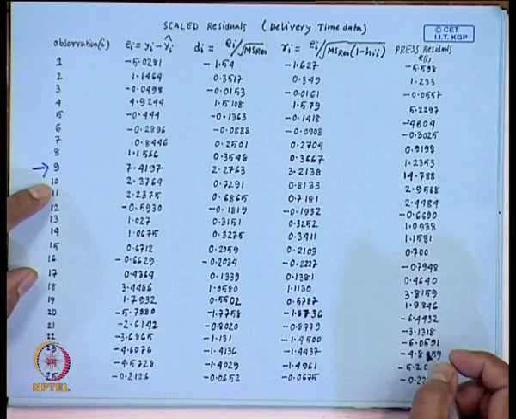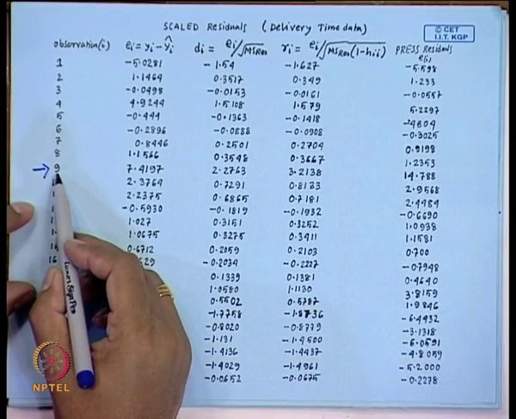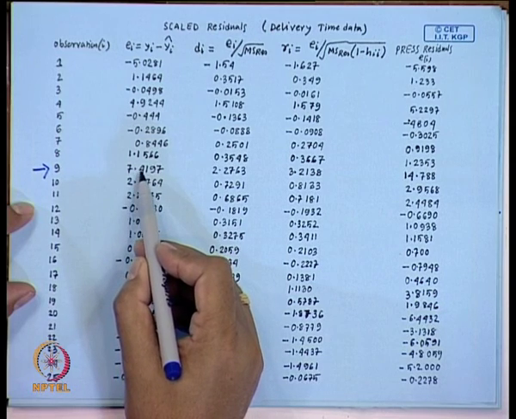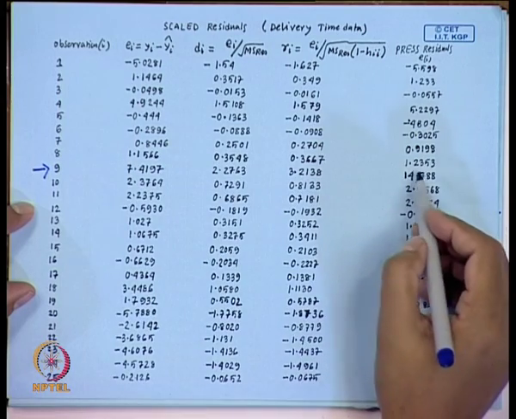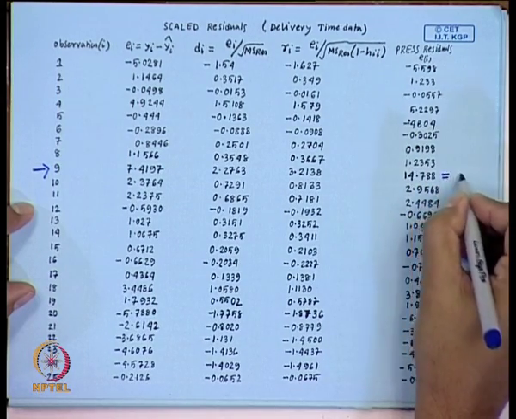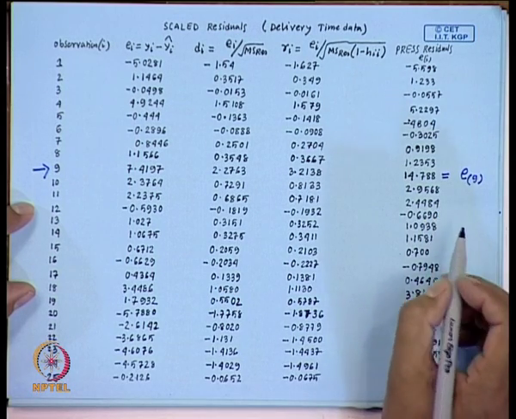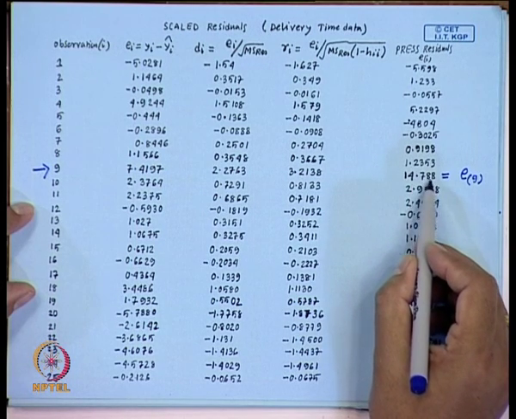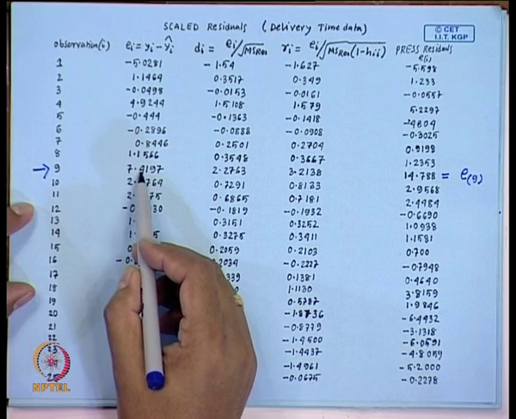Now, here we check that for the ninth observation, the value of the regular residual is 7.41, whereas the value of the ninth PRESS residual, e(9), is 14.788, whereas the regular residual is 7.4.